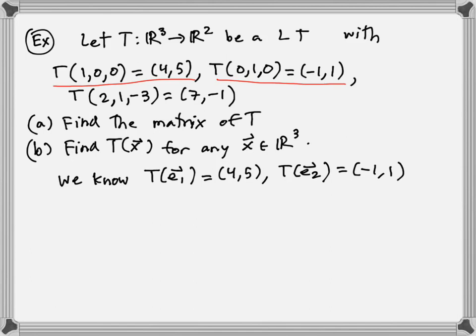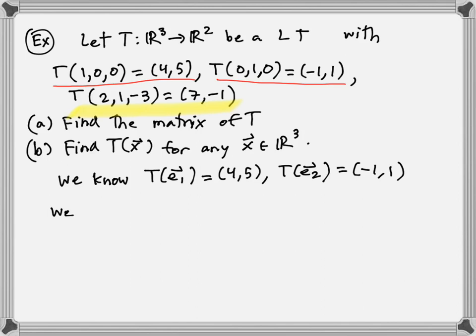The problem is we don't know what T of E3 is because they told us instead what T of (2, 1, -3) is. Okay? So what we need to do instead, assuming that they gave us three linearly independent things, is that what they gave us still forms a basis.